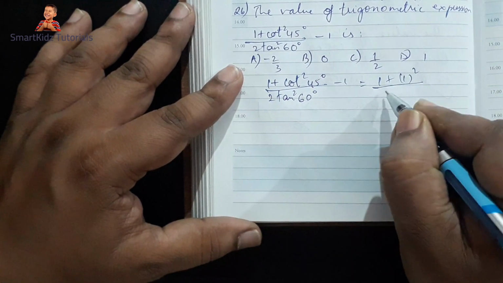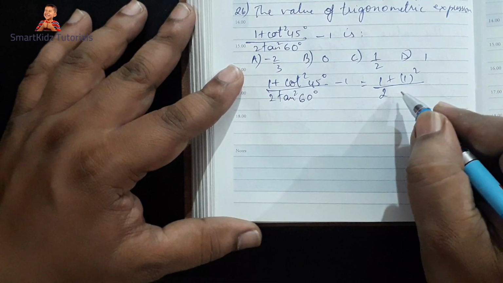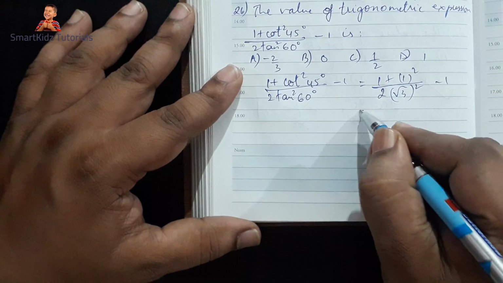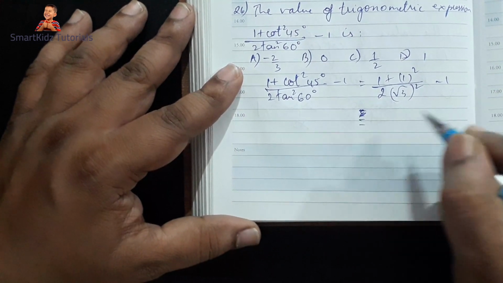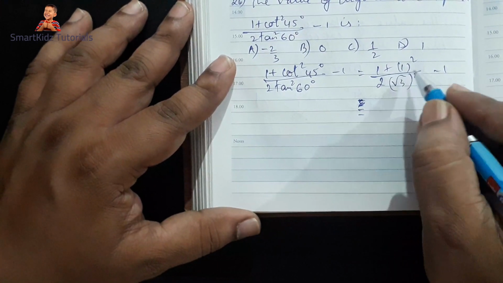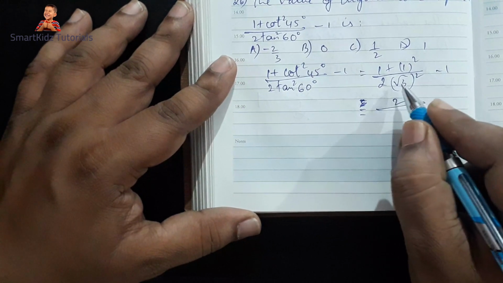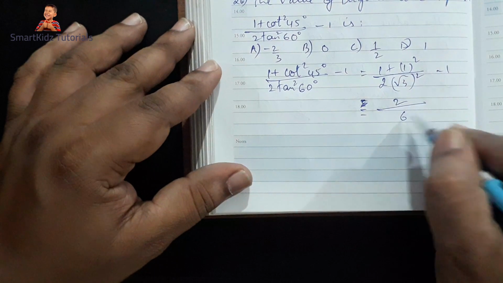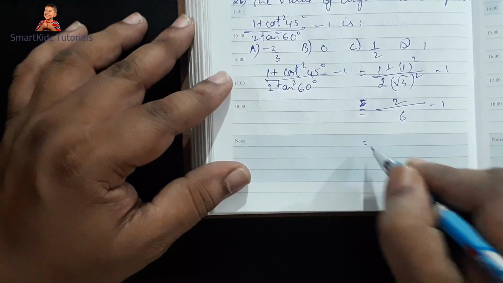So 1 whole square, and tan of 60 is root 3. So root 3 whole square minus 1. Okay, then equal to 1 plus 1 is 2, and root 3 whole square is 3. So 3 into 2 is 6 minus 1.